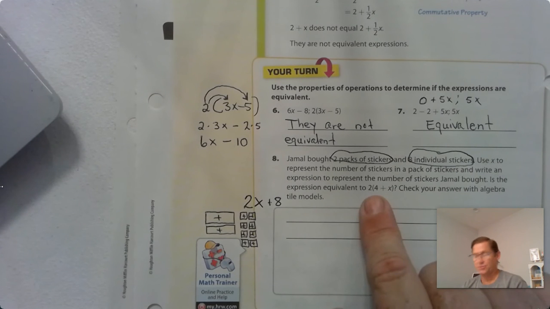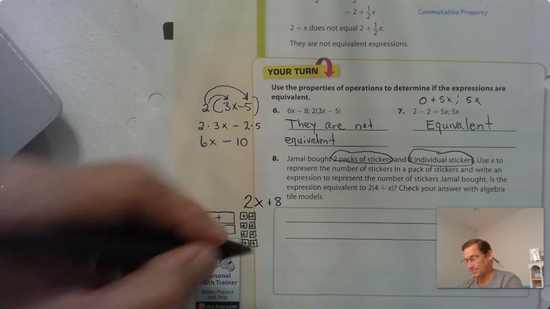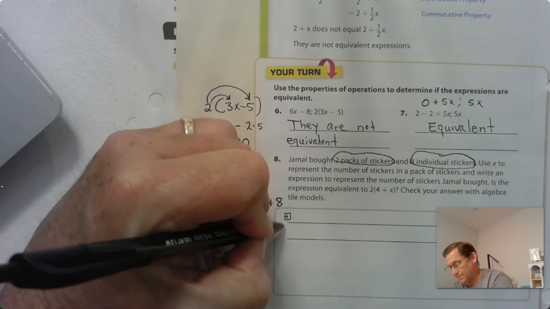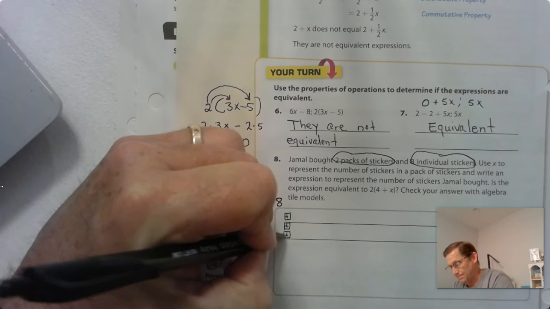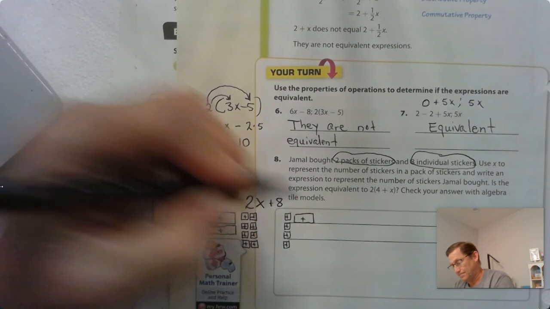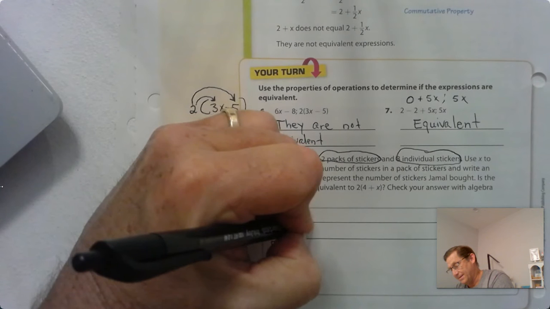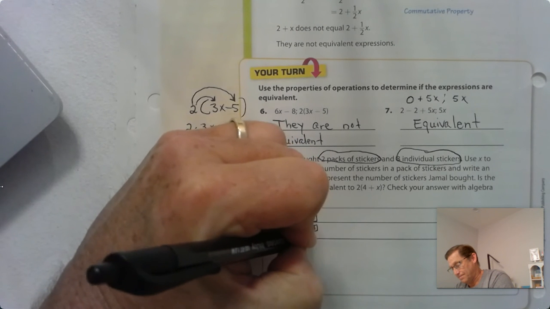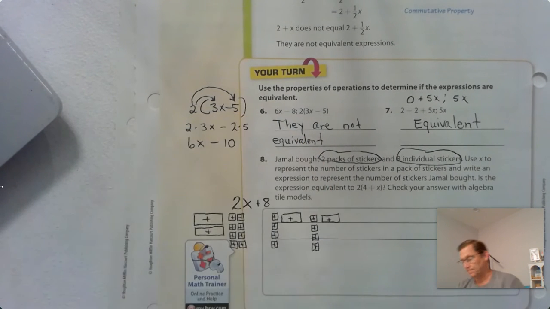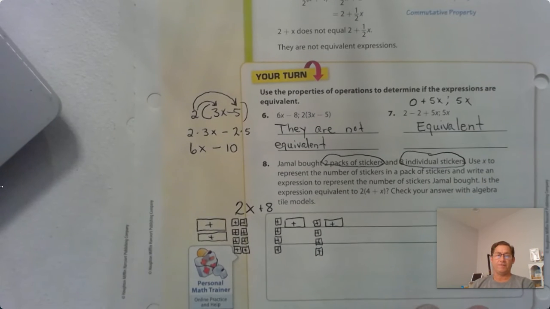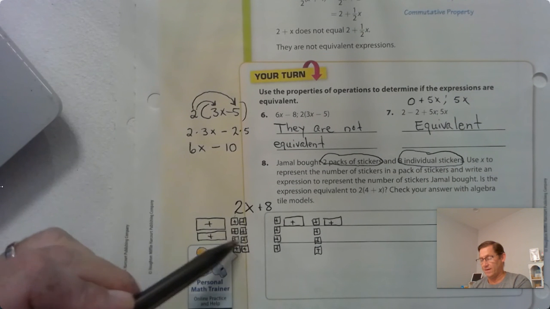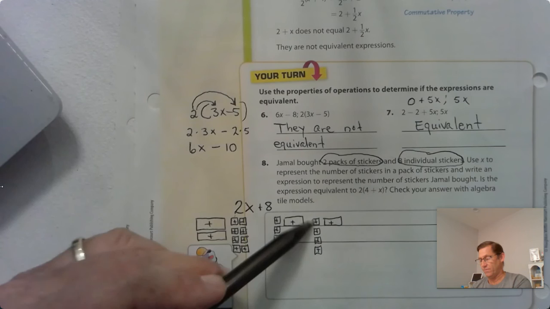And now what is 2 sets of 4 plus x? So we'd have 4 ones plus an x. And then we'd have another set. Okay, so are they equivalent? 2x, 2x. 1, 2, 3, 4, 5, 6, 7, 8. 1, 2, 3, 4, 5, 6, 7, 8.